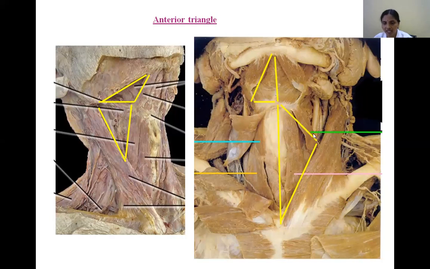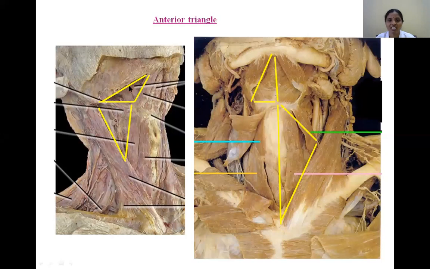So omohyoid, sternohyoid, sternothyroid, thyrohyoid: these muscles are considered the infrahyoid group of muscles. If you consider these muscles as the floor of this triangle, there is no single content in this triangle. Otherwise, these muscles themselves are the contents of the muscular triangle.